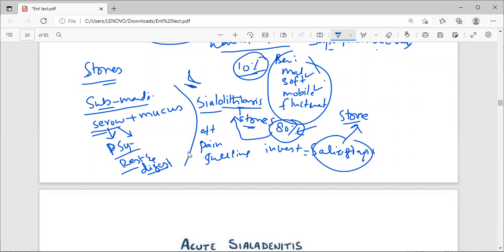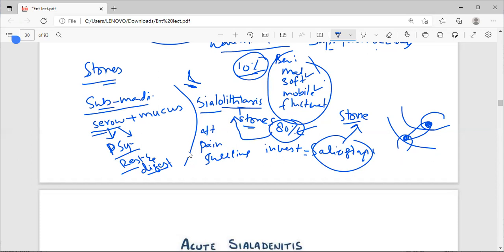Now there are different positions. One is the opening at the oral cavity. The stones which are present at the side of the oral cavity can be removed through the oral cavity, and the ones which are present deeper here could be removed through gland excision.